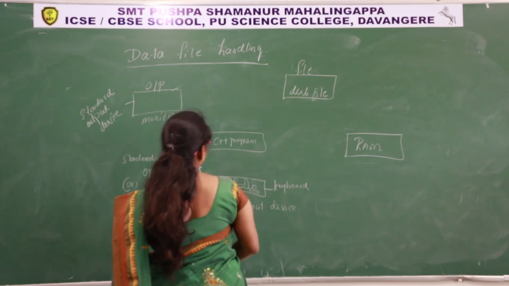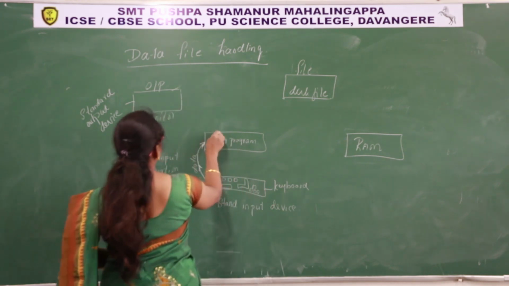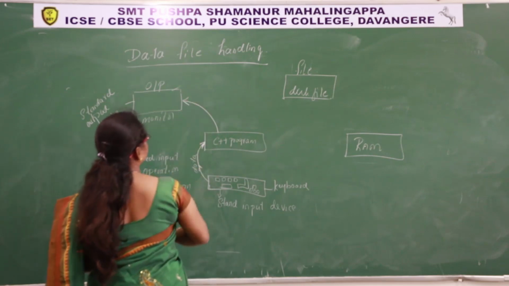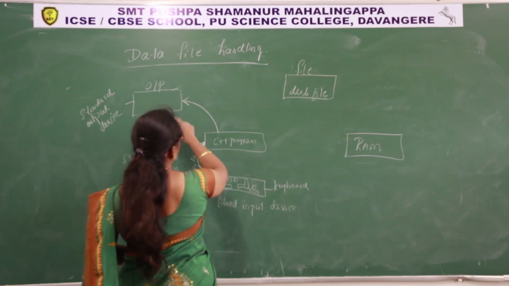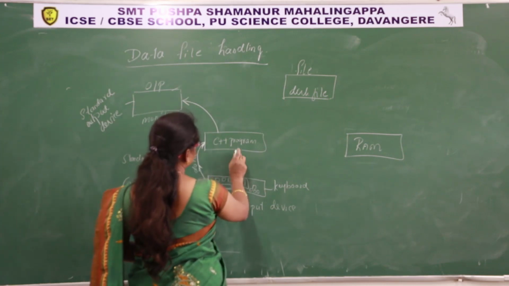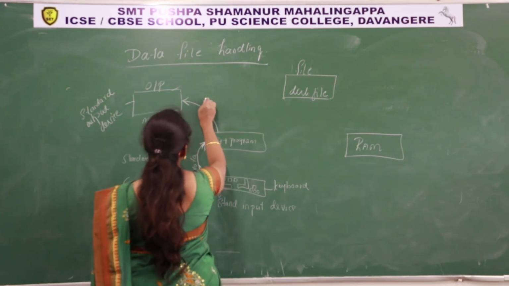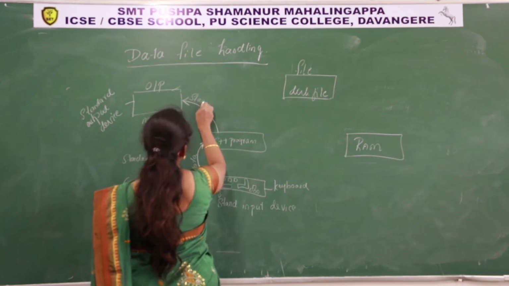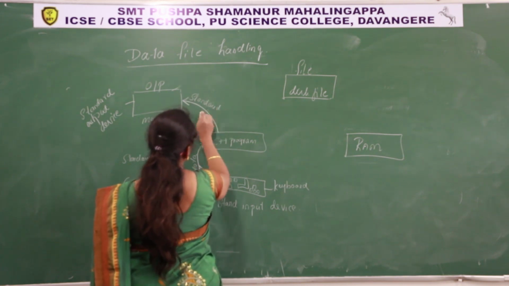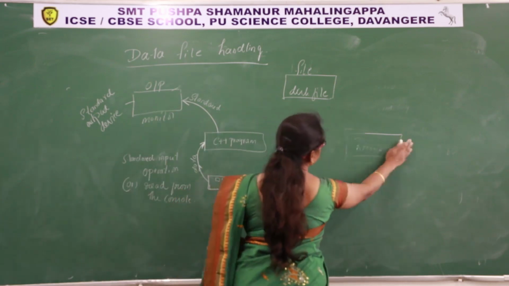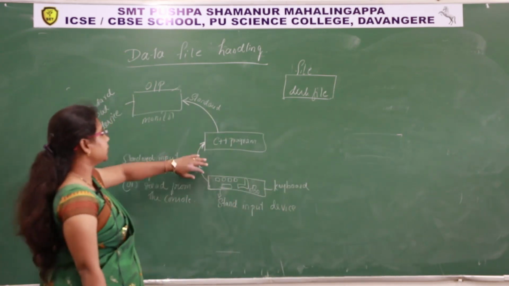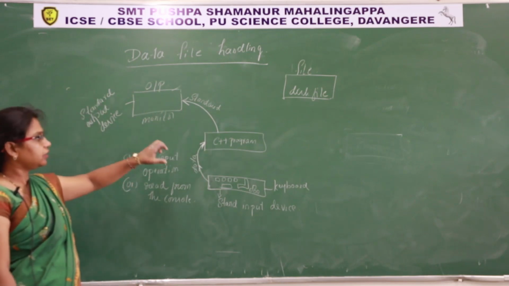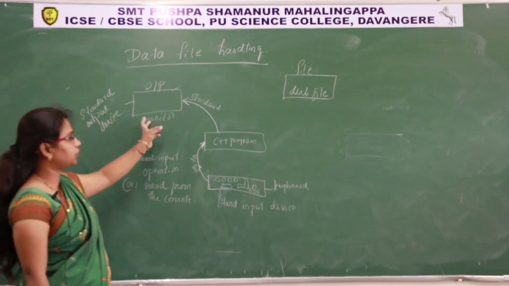If data goes from here to the program, and if data is moving from the program to the output screen, it is standard output operation. So understood how data is displayed on the screen. It takes from the RAM and displays on the screen.